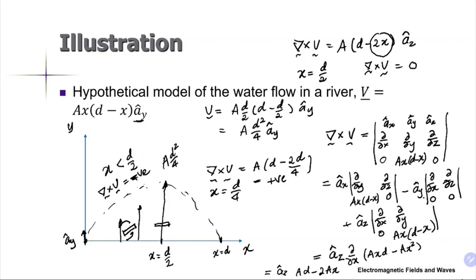Anyway, a negative curl is counterclockwise, but in this case the curl is positive, so it's just the direction of x. So in this case it is positive. So here the curl will be negative.